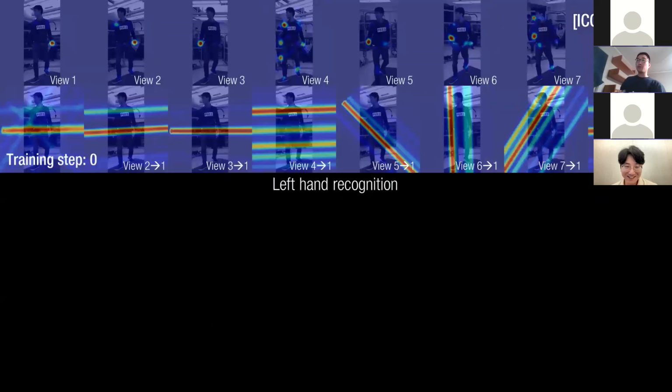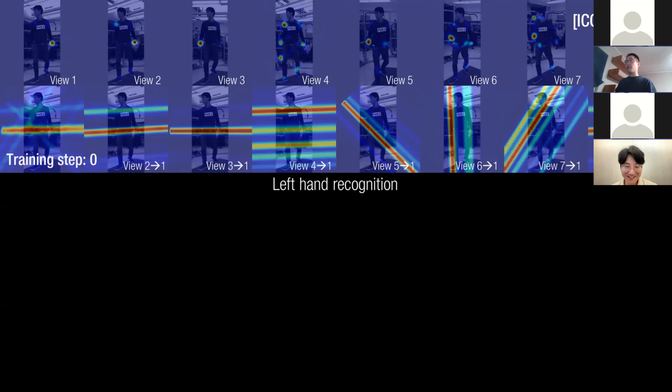Here I'm showing the effectiveness of the neural network training process, with multiple view predictions, view 1 to view 8. We predict the left hand location. This is the correct left hand location. But in view 3, because of the flip, there's some confusion and the network makes a mistake.